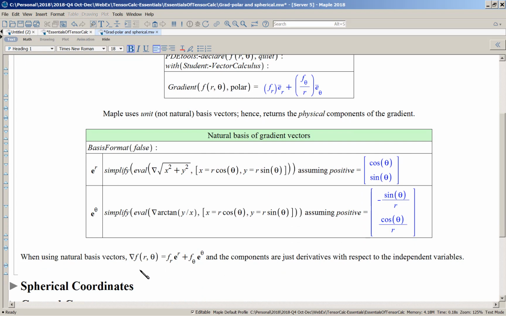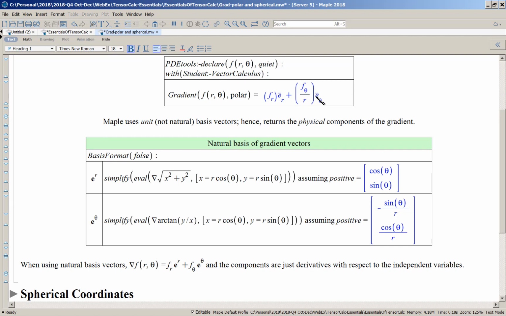And so using the natural basis vectors, the gradient is derivative with respect to r, derivative with respect to theta. There isn't any of these scale factors showing up because the scale factor has been subsumed into the natural basis vector.